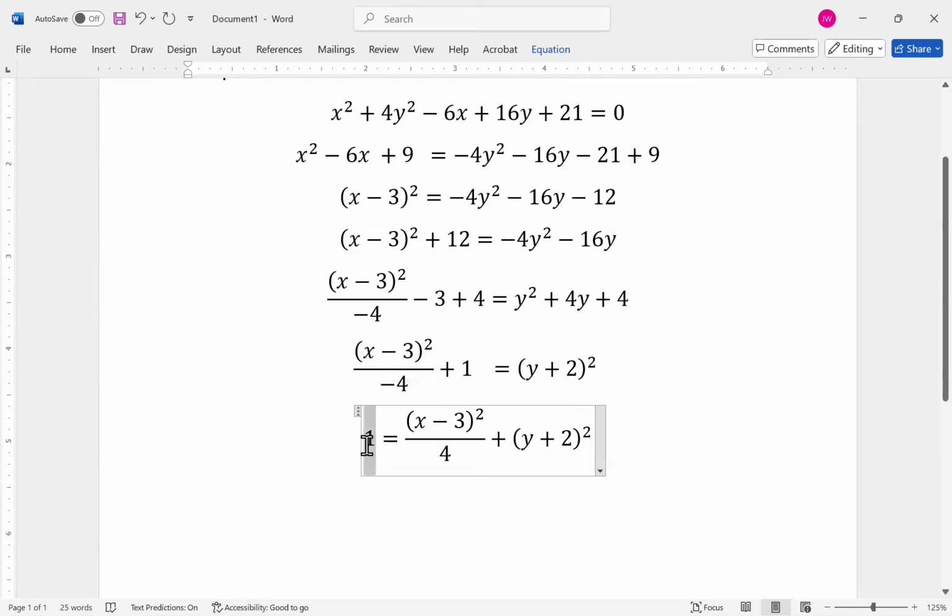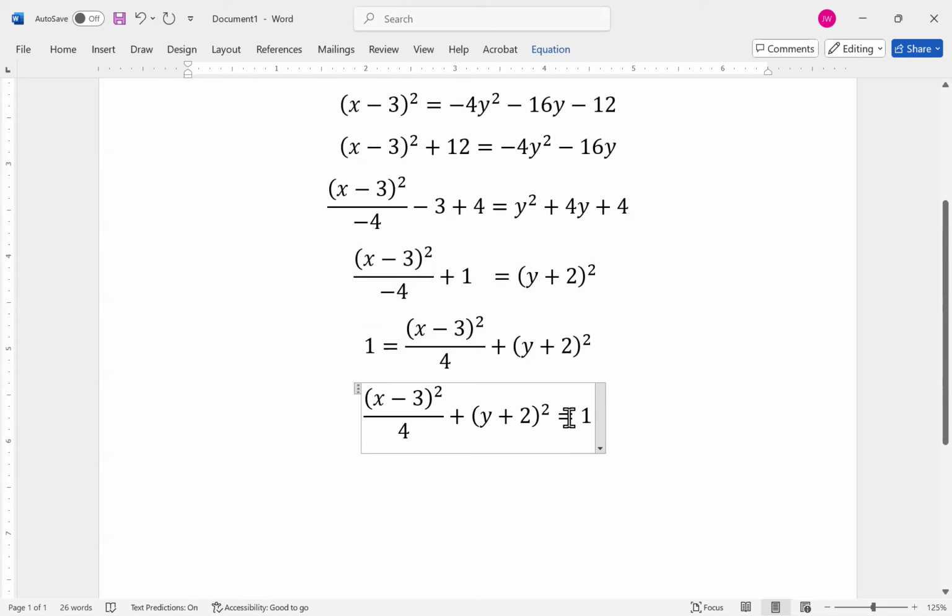If this were any other number aside from 1, I would divide so I can get the 1 by itself. Normally, we like to see the 1 on the right-hand side. That's usually the standard version. And so this is my equation of the ellipse that I was looking for: x minus 3 squared over 4 plus quantity y plus 2 squared over 1 is equal to 1.